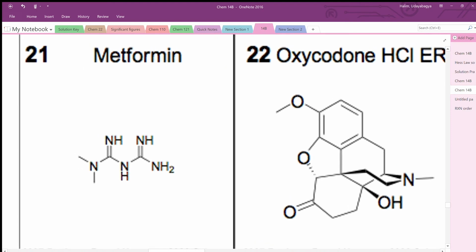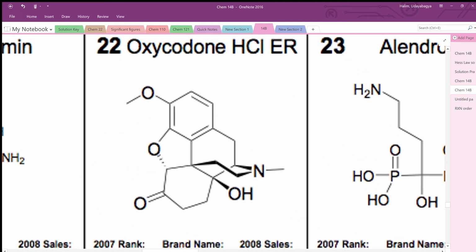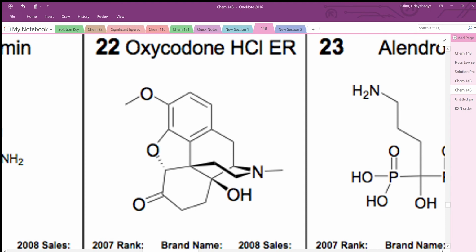Let's do oxycodone. What is the name of the functional group of this one? So that's 1, 2, 3.